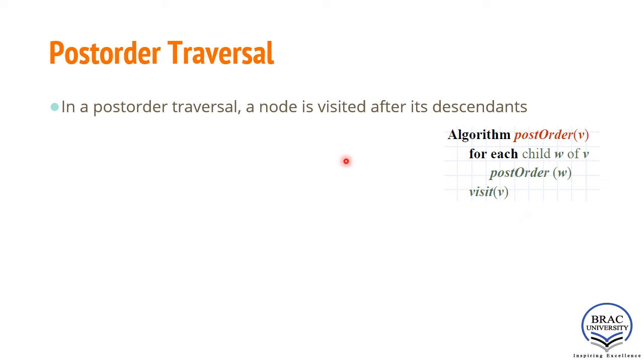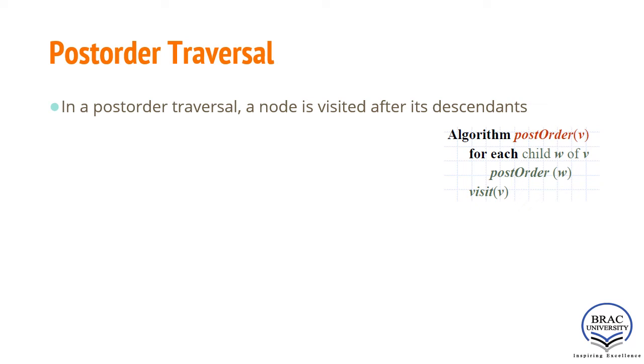The basic difference between the algorithm of pre-order and post-order is, here we start from the root, because in this post-order algorithm, the parameter is V, that is the root node of the tree. But in our first algorithm, that was pre-order, visit V was in the first line, and after that, for each child W of V, pre-order of W was the second line.